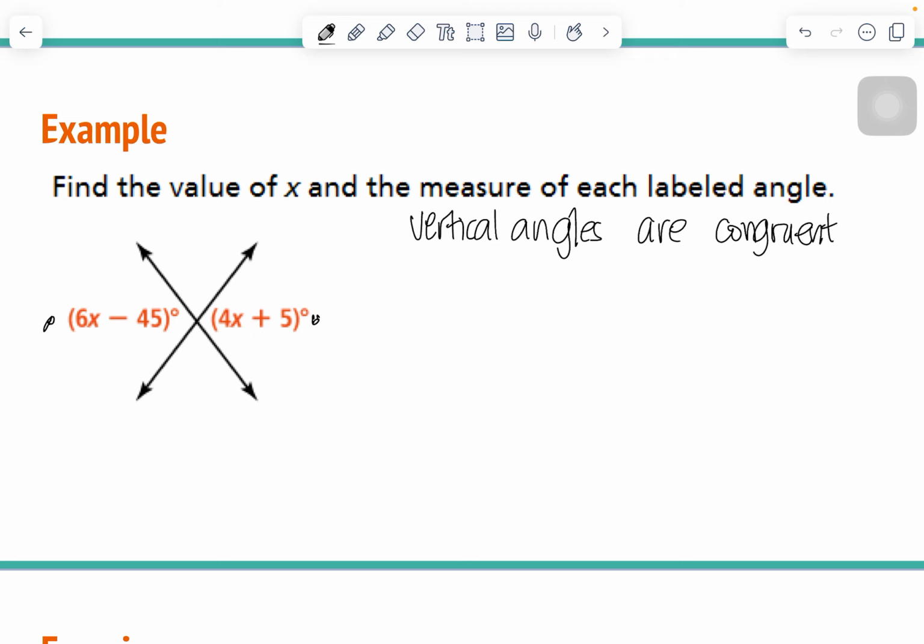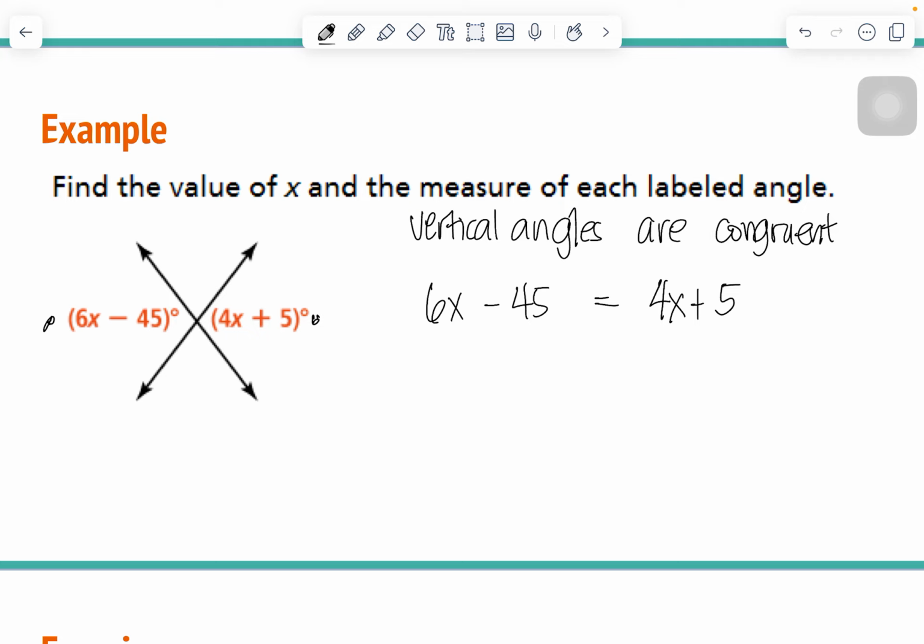So if vertical angles are congruent, that means you have 6x minus 45 degrees. These are congruent, so it equals 4x plus 5. That means you are going to equate them because they are congruent.